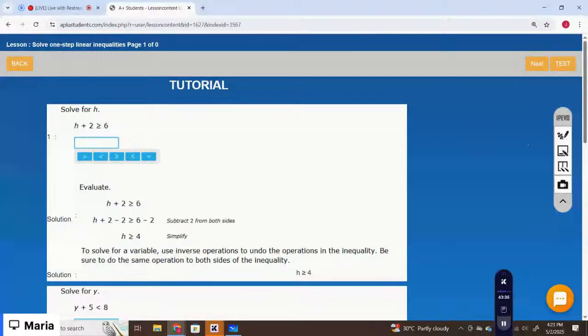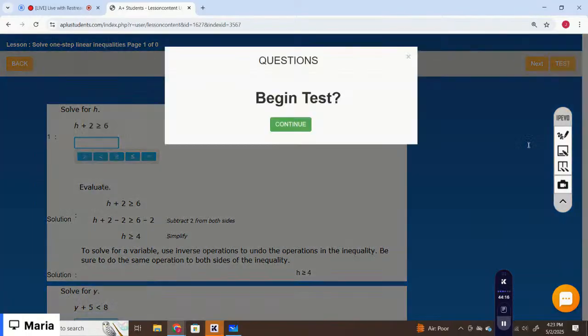So that is h is greater than or equal to 4. Let's just start with the test questions.